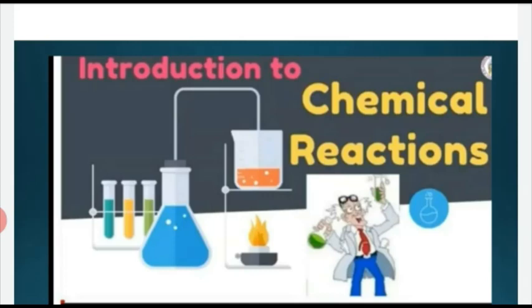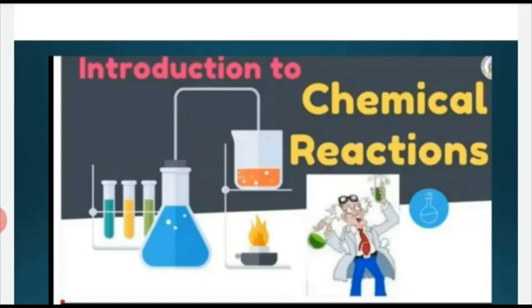We need energy to play, walk, run, or to perform various physical activities. First, we have to understand the digestion process. While we are eating food and the digestion process takes place, that is also a chemical reaction.